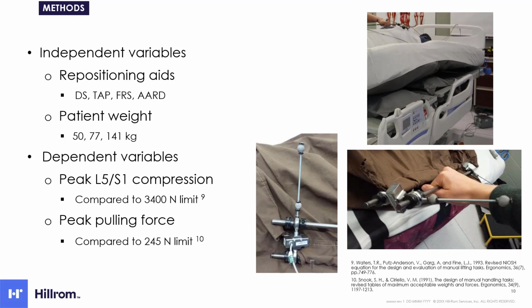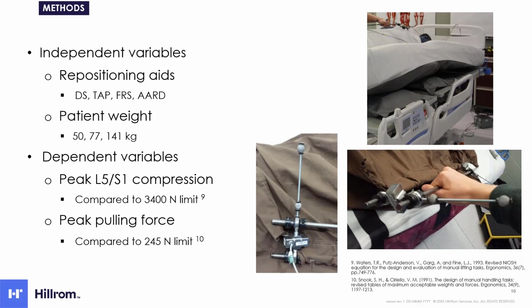That study is also known as the study of NIOSH lifting equation. For the peak pulling force, it is compared to the 245 newtons threshold, which is the psychophysically determined threshold derived from the Liberty Mutual tables.